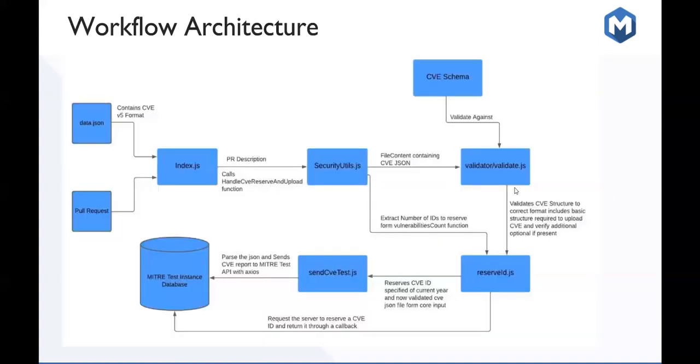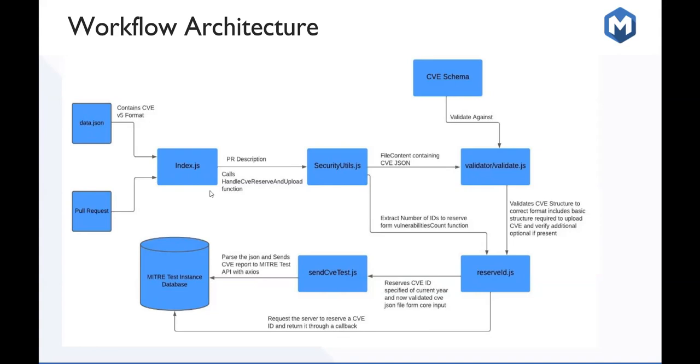Here's the architectural workflow of the whole process. We've just talked about the JSON data and the pull request. You can replace it with the manual triggering workflow. So here's the whole backend that's going to work.